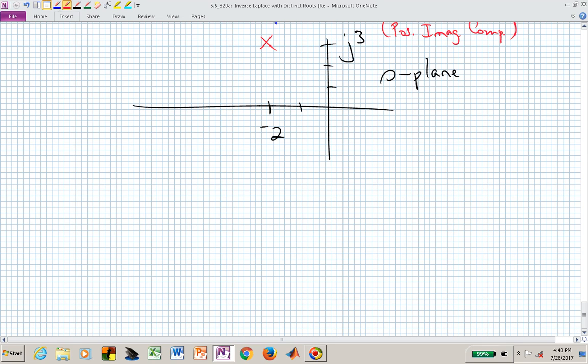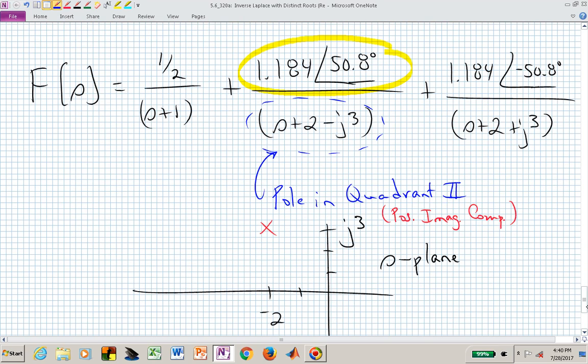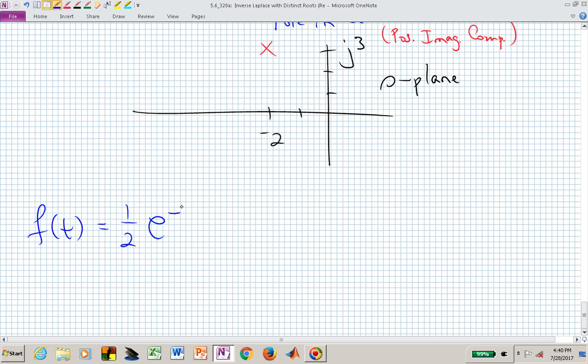So now f of t is going to be 1/2, and we take 1 over s plus 1 back into the time domain. That's e to the minus t.